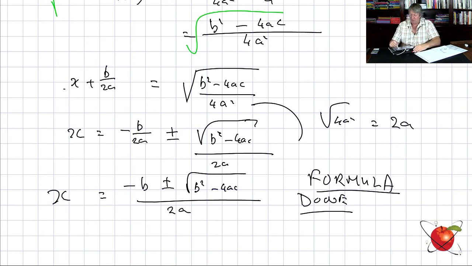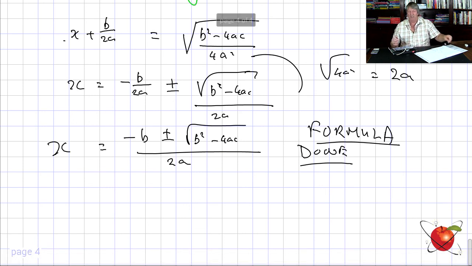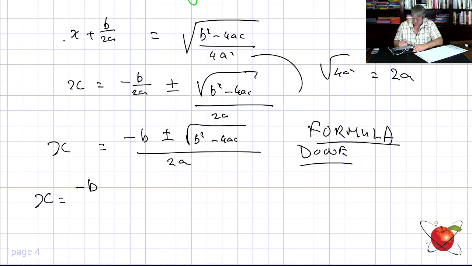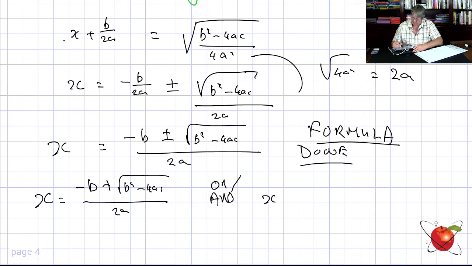Let me just finalize this for those of you not 100% sure what I mean. x is equal to minus b plus the square root of b squared minus 4ac over 2a, or whichever you prefer, x is equal to minus b minus the square root of b squared minus 4ac over 2a.